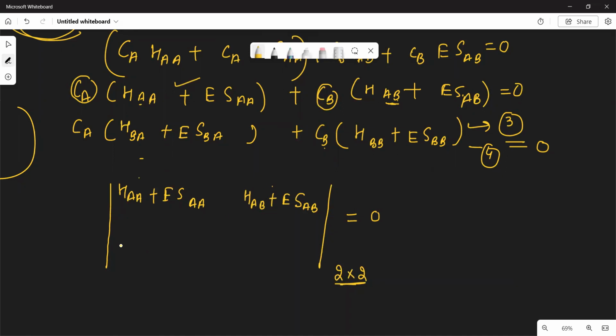And this is the element of second row, first column, which is HBA plus ESBA. And the last term will be HBB plus ESBB. So students, we have solved up to the determinant. This determinant is known as the secular determinant.